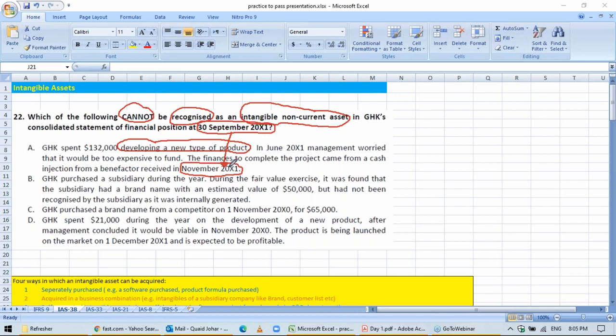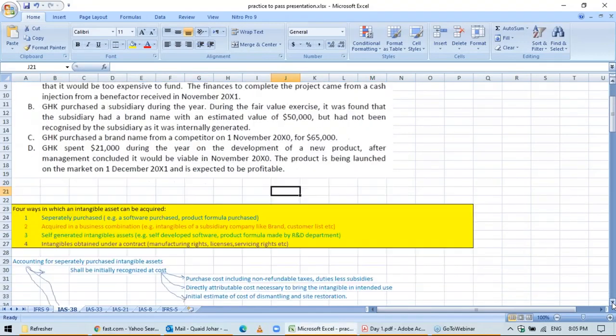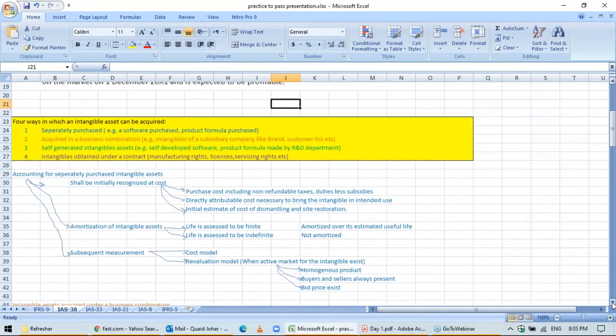So until and unless all the conditions are met, which I'll show you in a minute. Look, let me show you the conditions mentioned in IS 38, the 6 conditions.